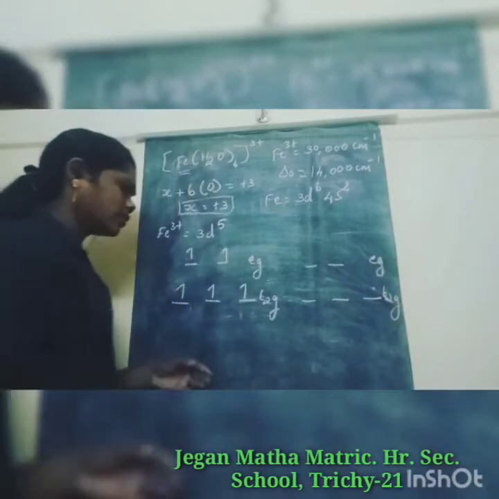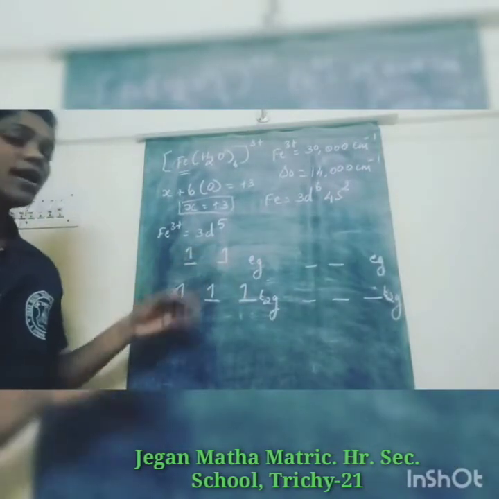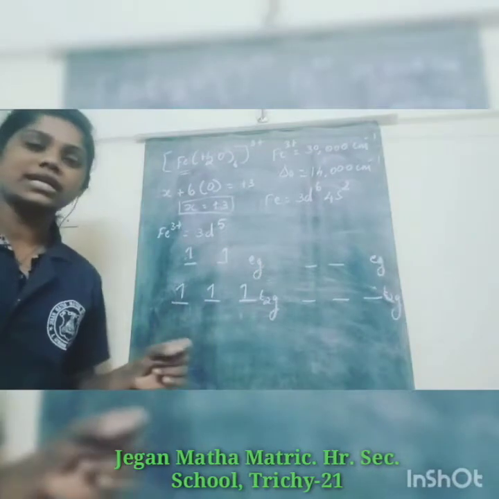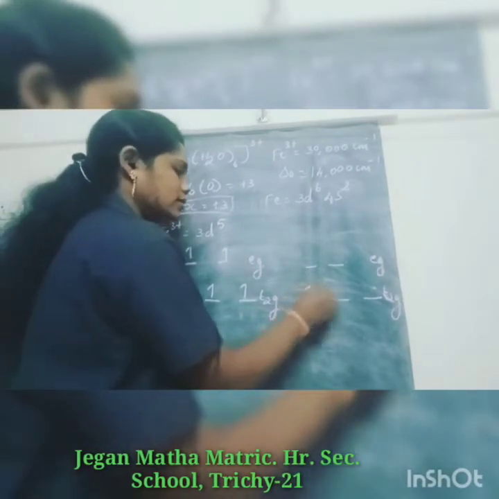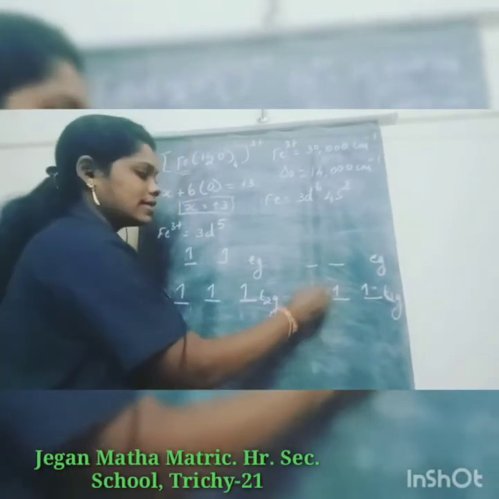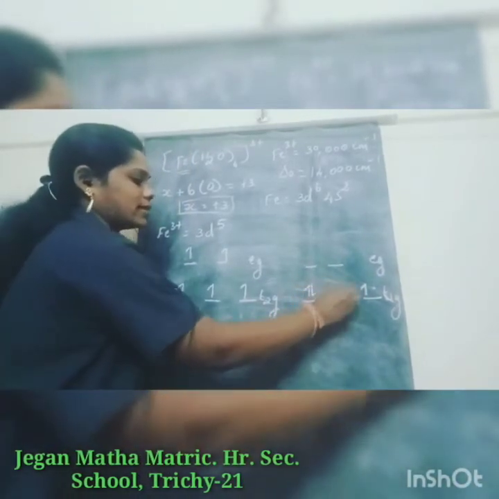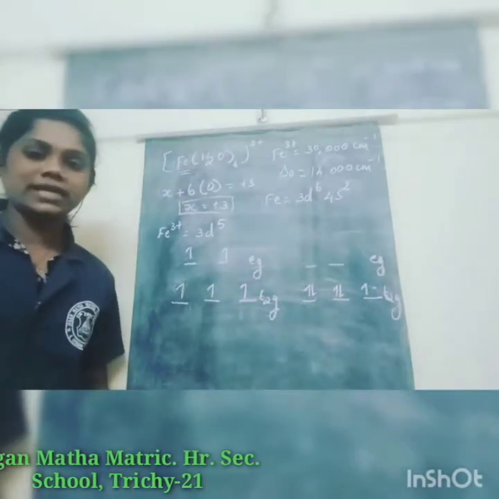Okay, so here first the ground state is filled, then the excited state. Here all five electrons are filled in the ground state only. How is it filled? 1, 2, 3, and the remaining two electrons, that is the 4th electron and 5th electron. Here high spin and low spin are present.